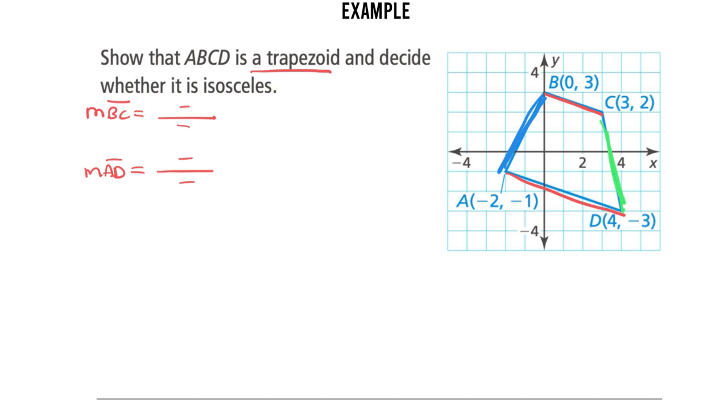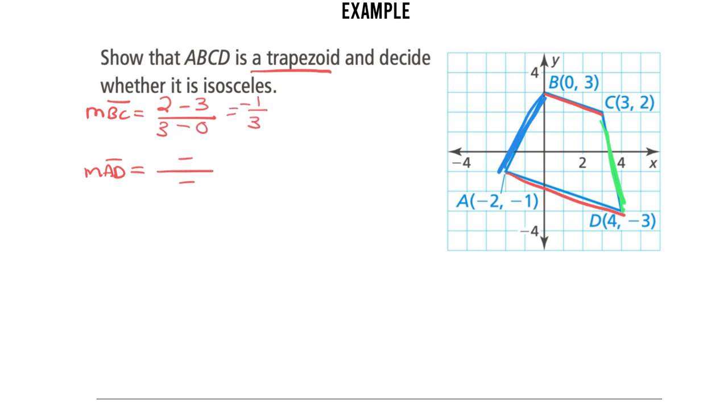Remember, y's go on the top. So if you're looking at your y's, we've got 2 and 3 that we're going to plug in here. So we've got 2 minus 3 over, and then since I went from C to B before, I have to also go from C to B again, so 3 minus 0. So we end up with a slope of negative 1/3.